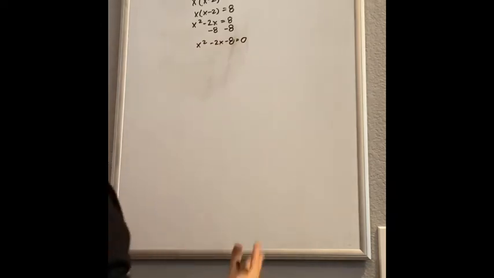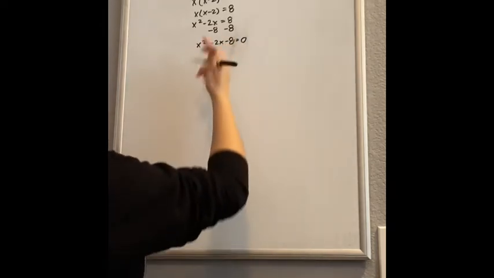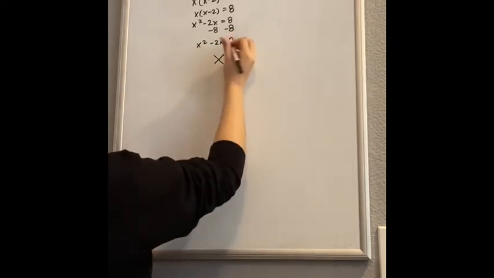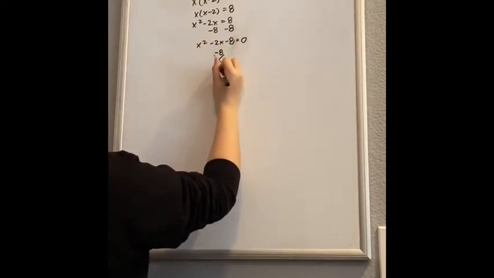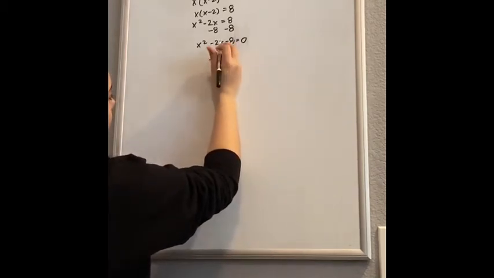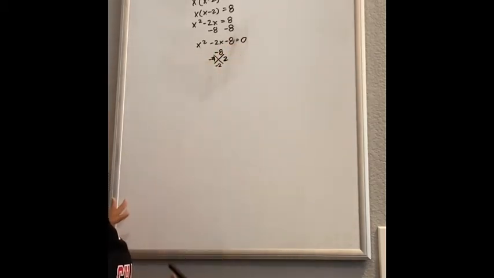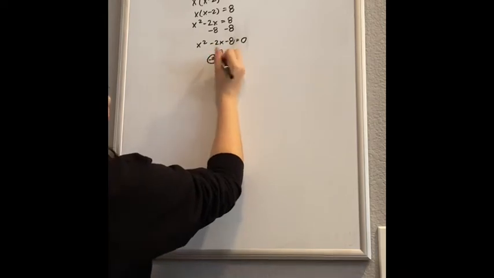So now we have to factor. So I'm going to do the factor x triangle, and I put negative 8 on top and negative 2, and I know that negative 4 times 2 is negative 8, and negative 4 plus 2 is negative 2. So these are our factors.